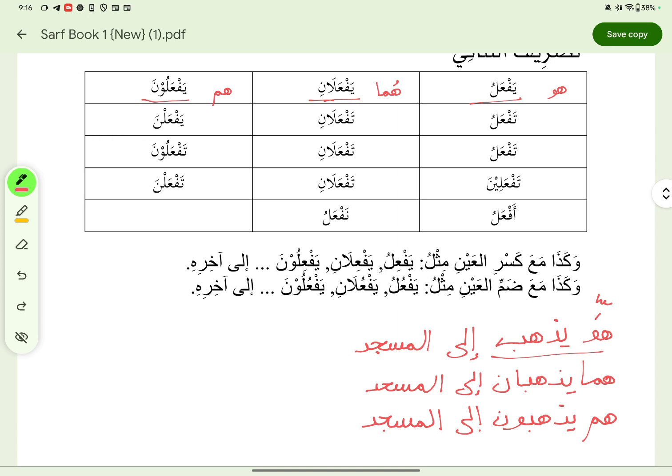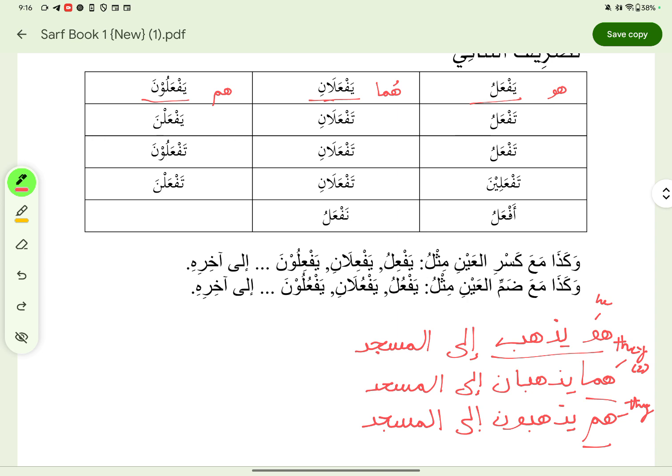They go to the masjid. So the first one I said was هو يذهب إلى المسجد. He goes to the masjid. The second one I have is they, well, two people, referring to two people here. Two people go to the masjid, right? And the last one I have is hum, they, three or more go to the masjid, right?